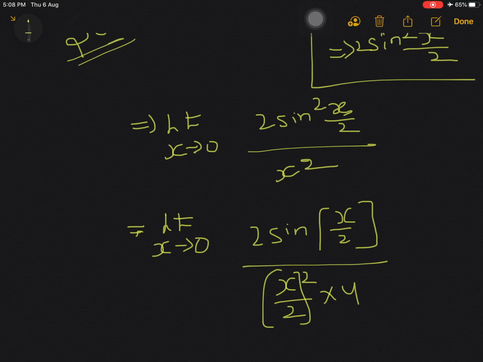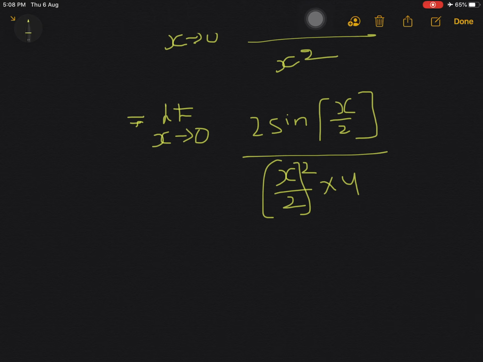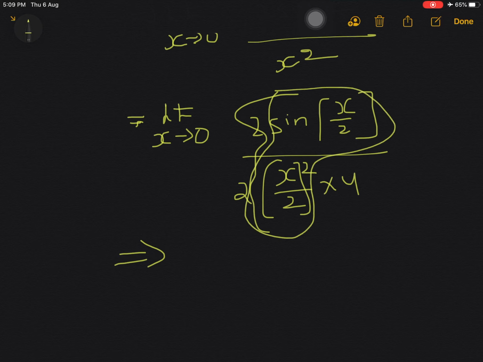If we simplify it, we get 2 into 1 by 4, since the entire sine term tends to 1. So 2 into 1 by 4 is equal to 1 by 2.